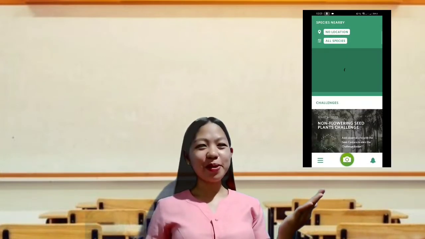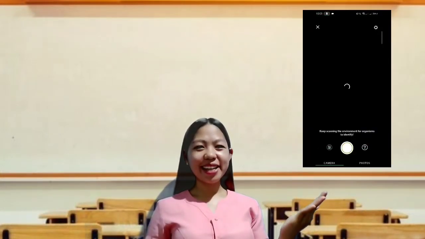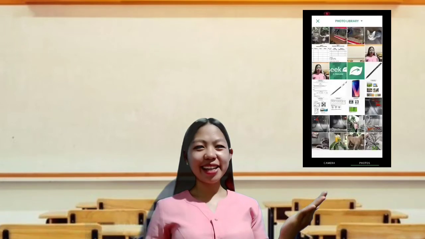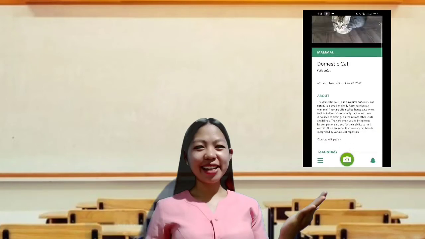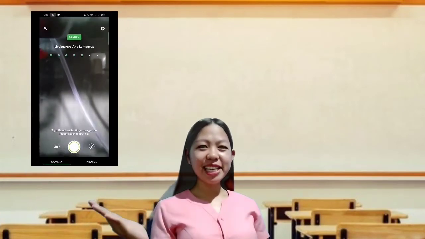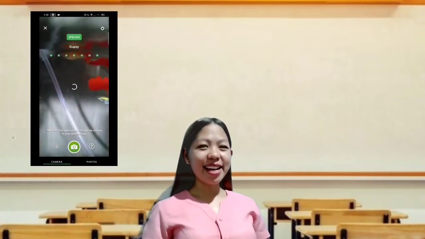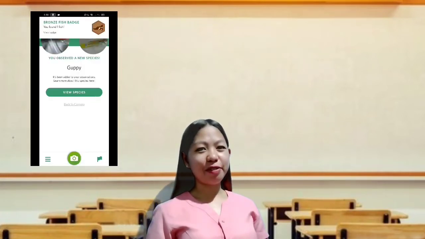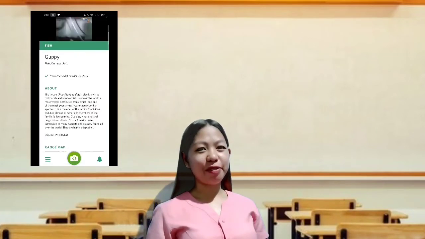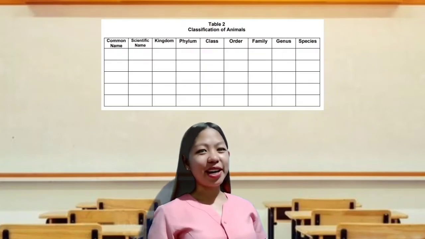You may use the photos you have taken or you may revisit the organism and scan it using the mobile application itself. The gathered information will be written in Table 2 on your activity sheet.